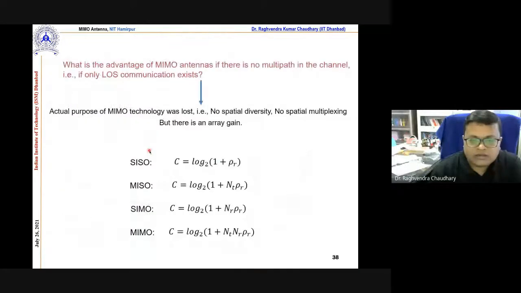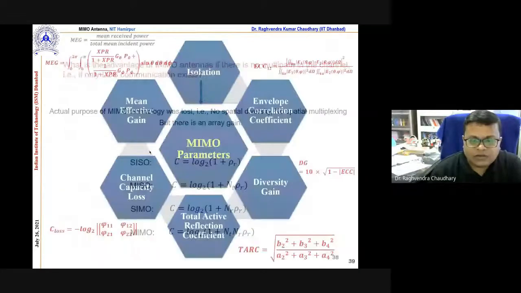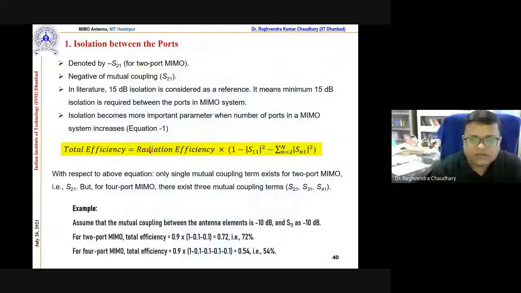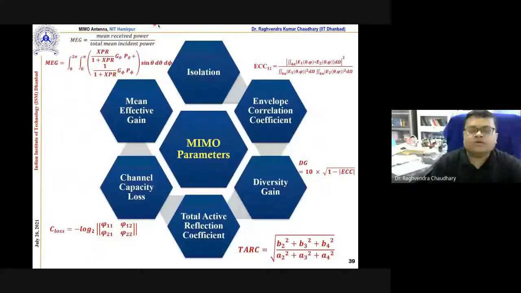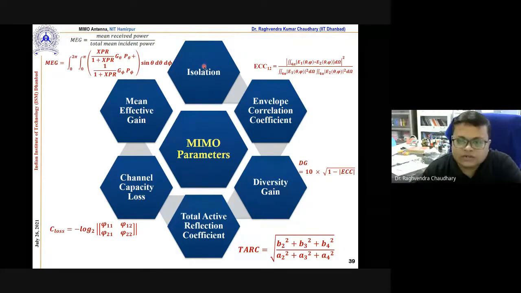I missed the order. There are 6 parameters here. This particular isolation I will explain in detail later, and we will cover the others, then come back to the isolation.